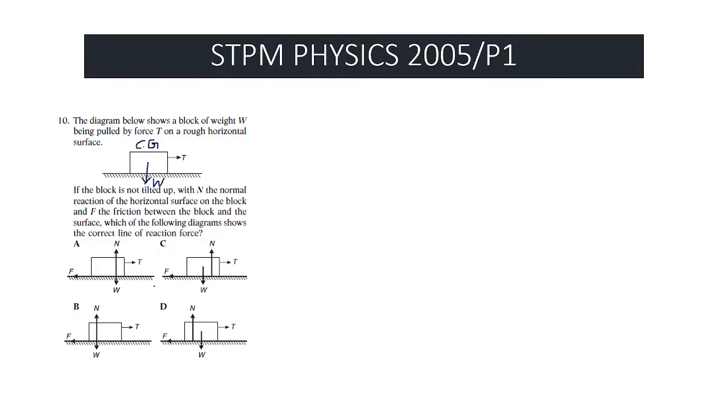So now the A will not be correct, and the B will also not be correct. And next, we pull this with the force T, and we can see from the diagram it is slightly above this center of gravity, and this will produce frictional force F behind here, and of course a rotation moment around this CG, the center of gravity.